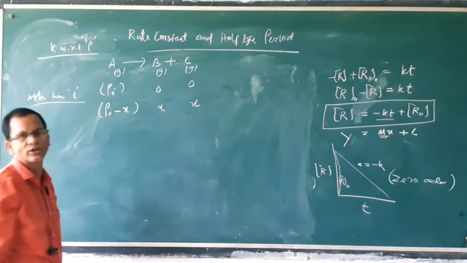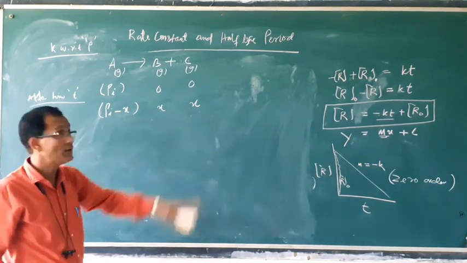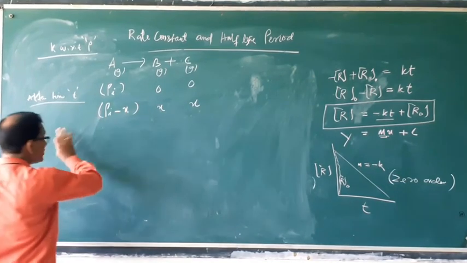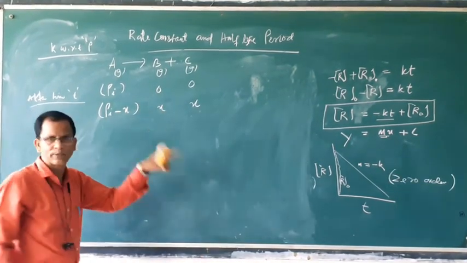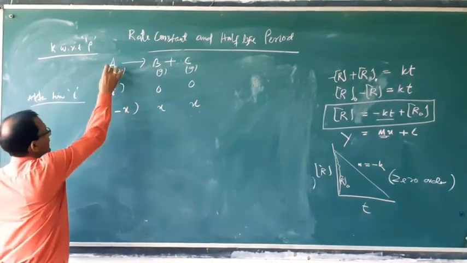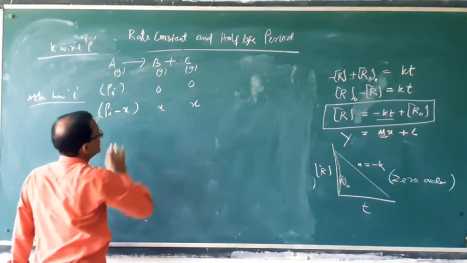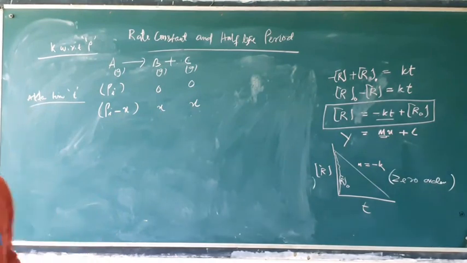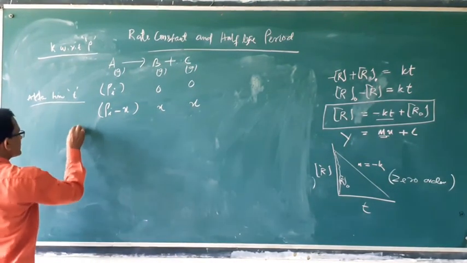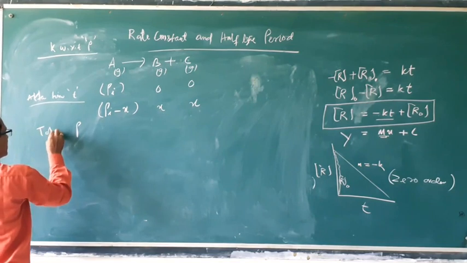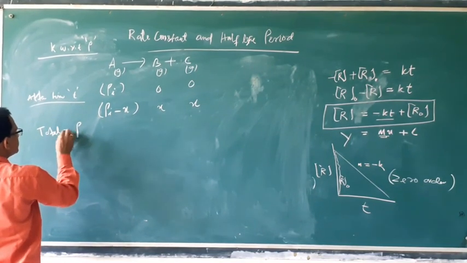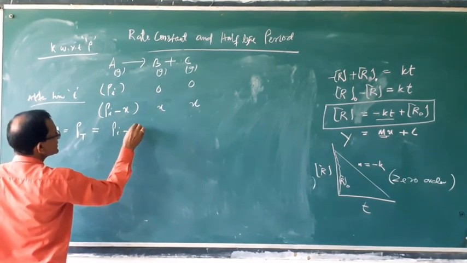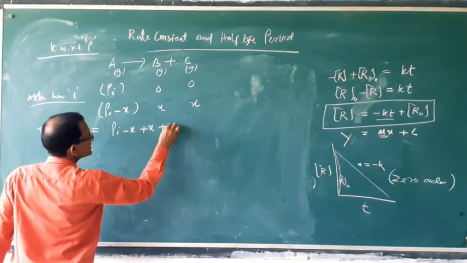This is the pressure. We are using the pressure term, not concentration. So these are the partial pressures of A, B and C. But what is the total pressure in the mixture? Total pressure PT is equal to Pi minus x plus x plus x.